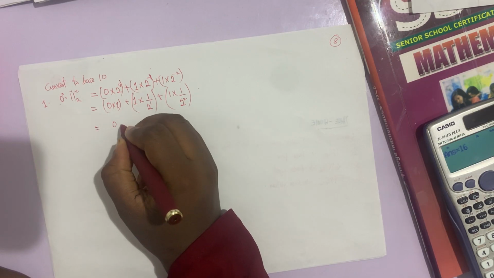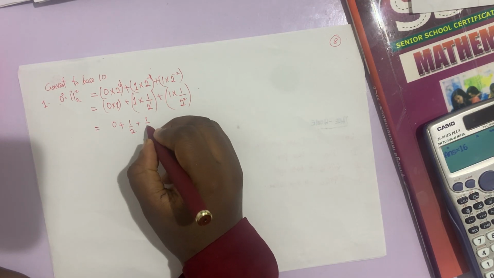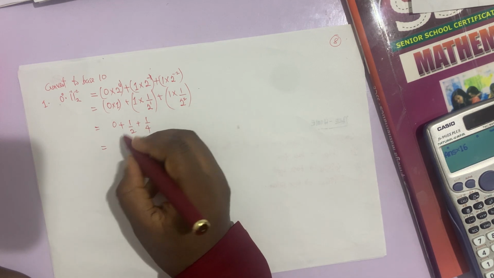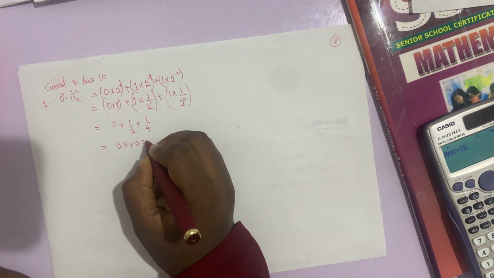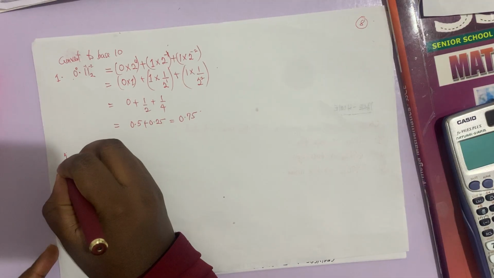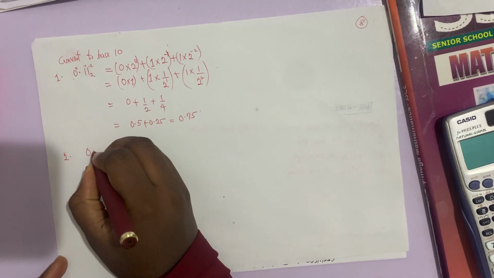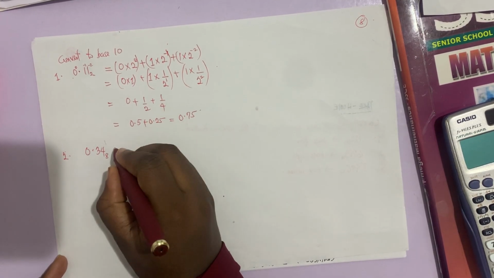So this becomes 0 plus 1 over 2 plus 1 over 4. 0.5 plus 0.25. So this becomes 0.75.